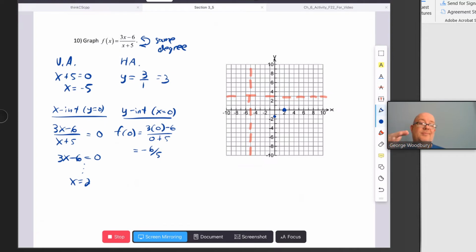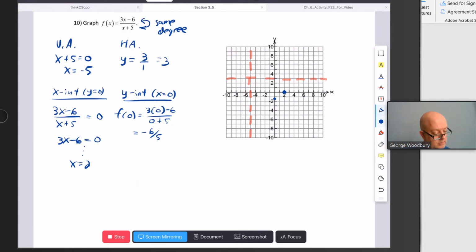Finally, I need to see if it crosses that horizontal asymptote anywhere. And so we're going to set the function 3x minus 6 over x plus 5 equal to 3. Multiply both sides by x plus 5.